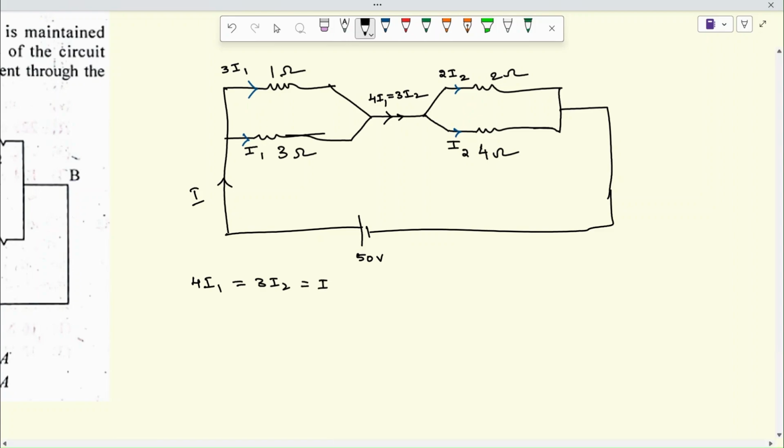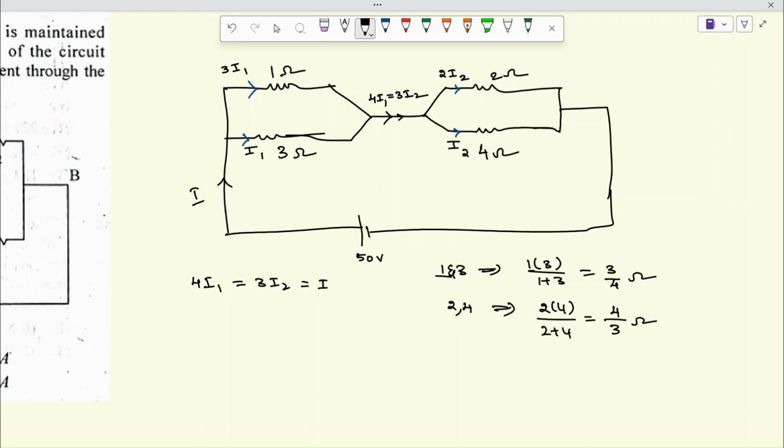Find the effective resistance. Here 1 and 3 are in parallel. So the effective resistance is 1 into 3 by 1 plus 3, that is 3 by 4 ohms. Similarly 2 and 4 are in parallel, which means resultant will be 2 into 4 by 2 plus 4, that is 8 by 6 or 4 by 3 ohms.